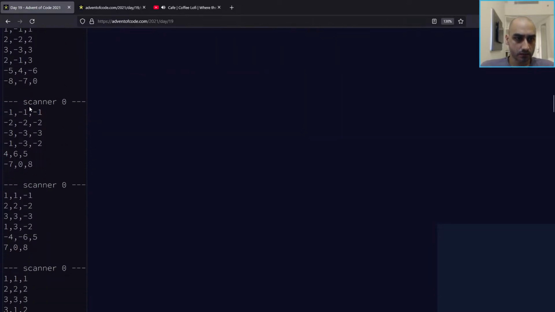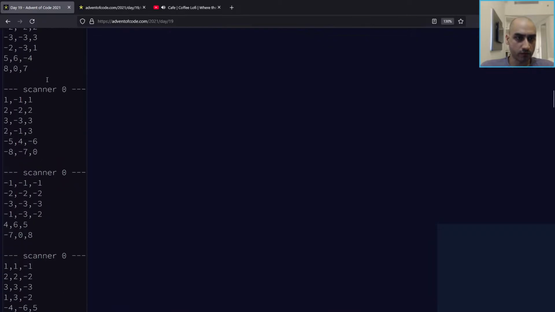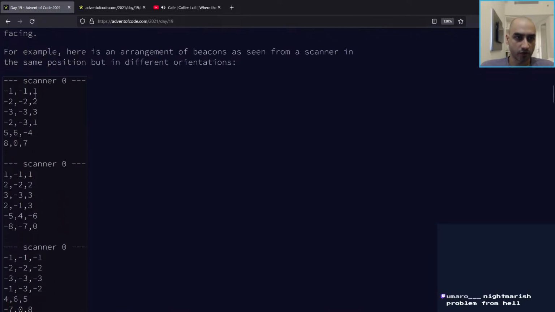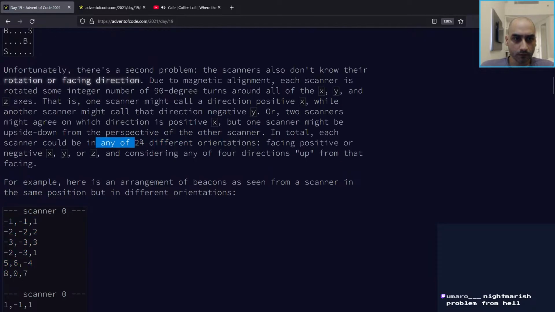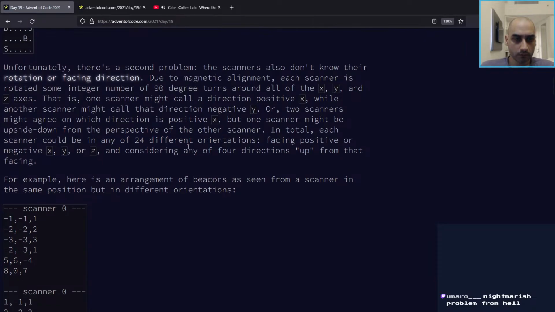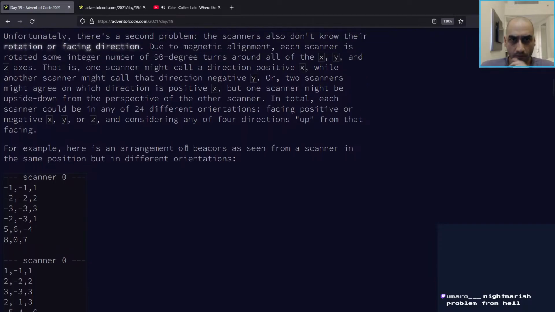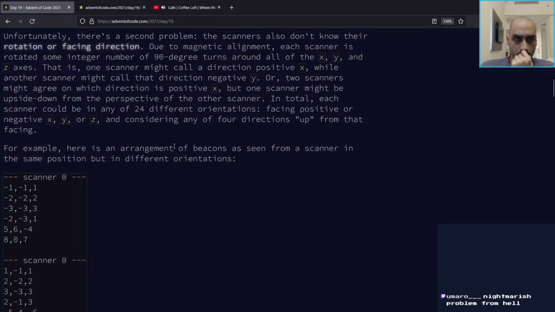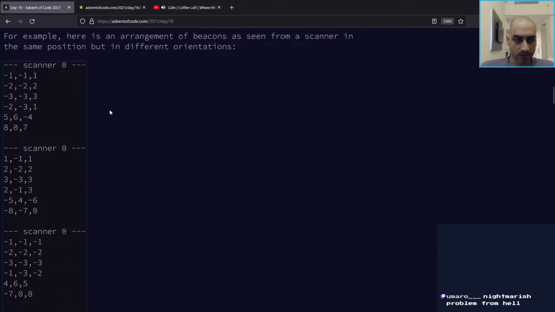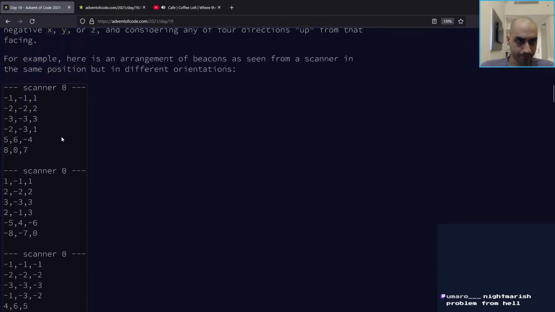So this is 2, 3, 4, 5 examples of orientations, but I guess there's actually 24 different possibilities. How do we get all 24?